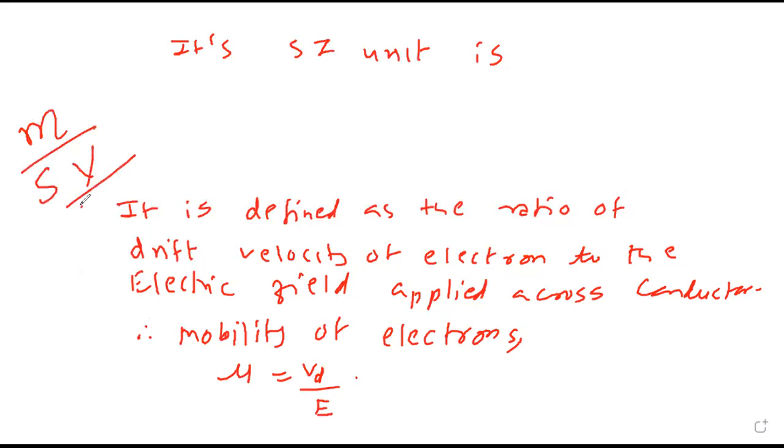Electric field is potential per meter. Meter goes up, so it is meter square per second per volt. This is SI. Now write definition of mobility.